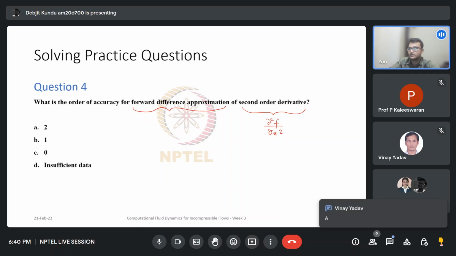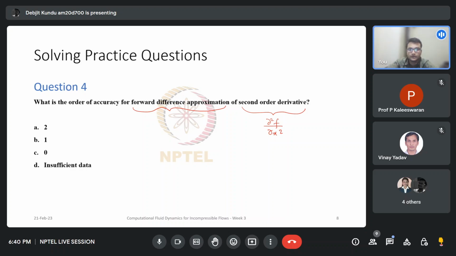Okay, we have one answer in favor of option A. Let's see what others have to say. Okay, so the last equation I wrote a bit wrong. I'll correct that.